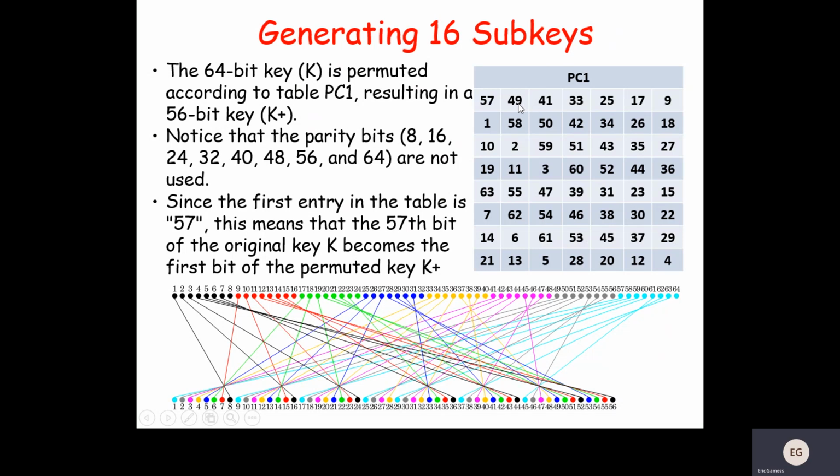Bit 49 of the input will be the second bit of the output. If you follow this line, it will take you to the second bit. Bit 41 of the input will be the third bit of the output. If you look here at bit 41 and follow this purple arrow, it takes me to bit 3.